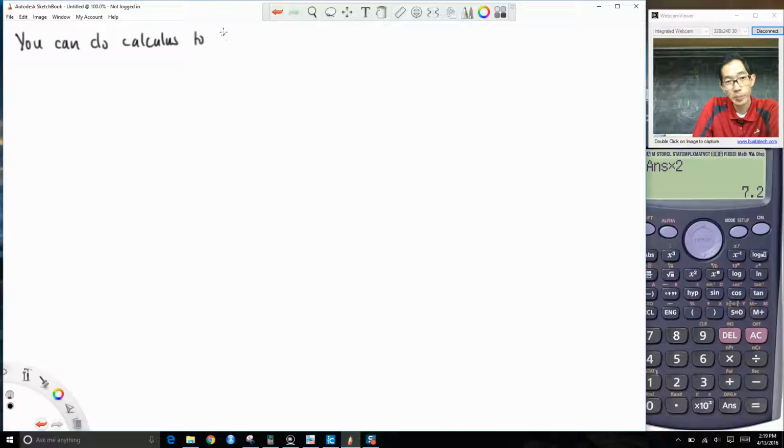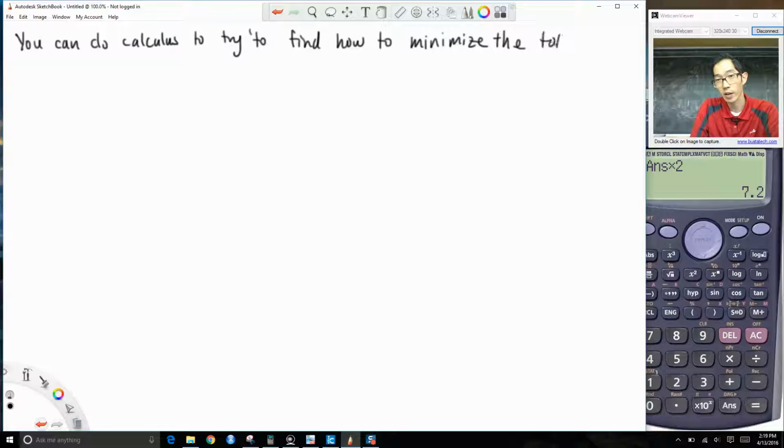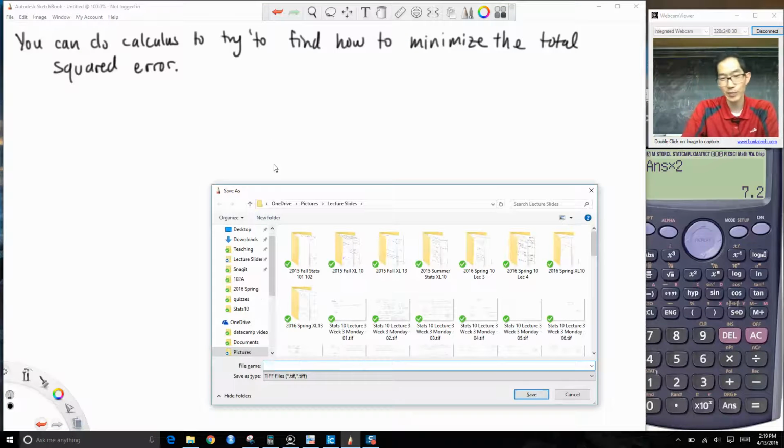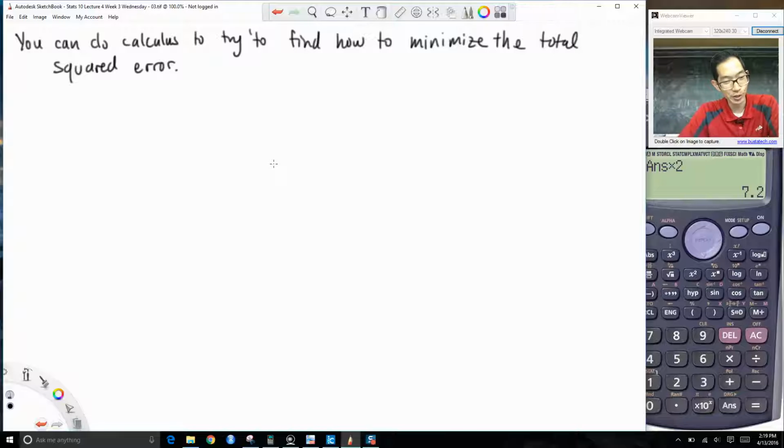To try to find how to minimize the total squared error. If you were to be a stats major or stats minor, you would take a mathematical statistics class and you would do this calculus.